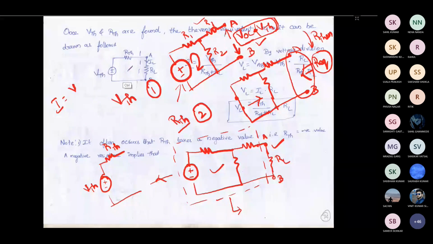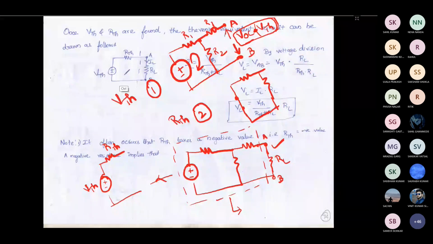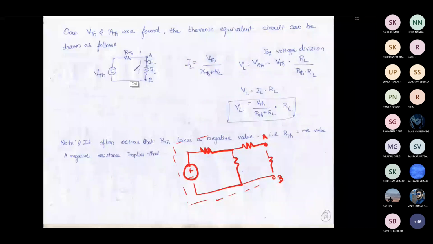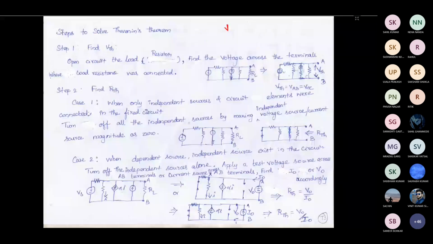There are three cases in Thevenin's theorem. The first case is that the circuit has only independent sources and other elements, that means passive elements like inductor, capacitor, and resistor. Let's say you have only ideal independent voltage sources or current sources.